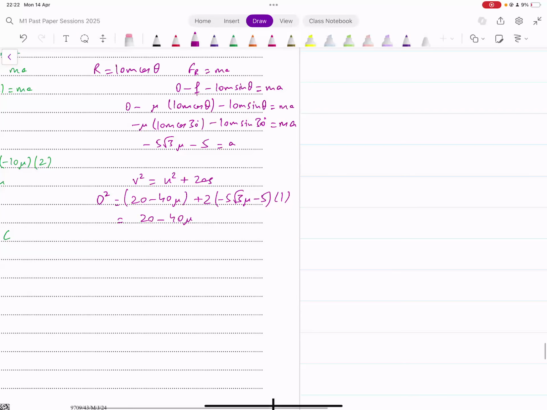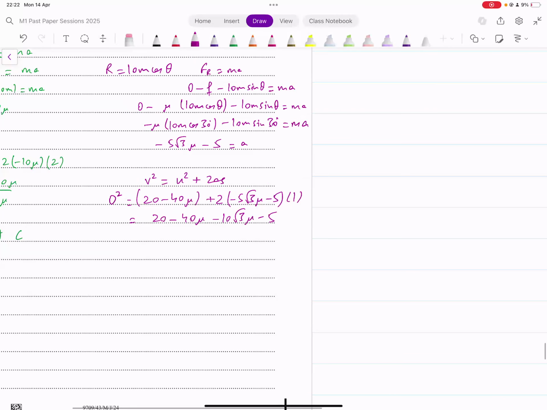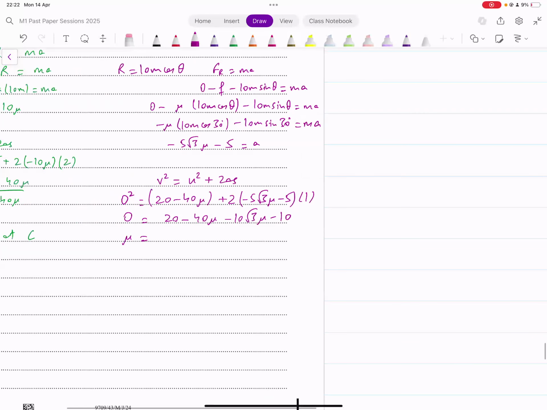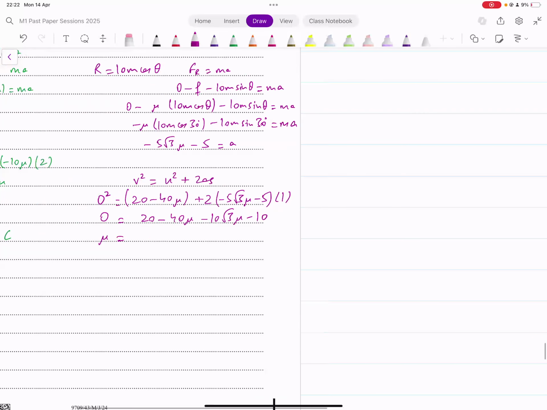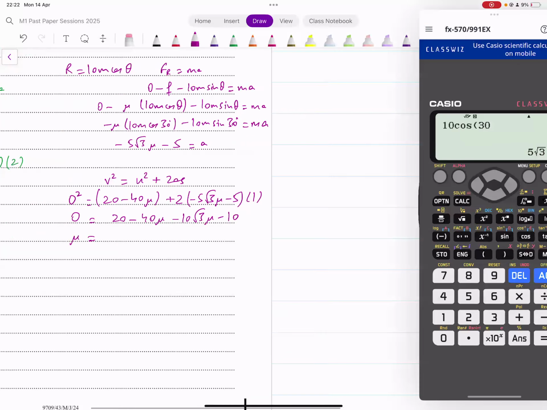Root 3 mu minus 5. Sorry, minus 10 equals 0. And that will give us the value for mu. You can see what that turns out to be. It's going to be 10 divided by 40 plus 10 root 3.